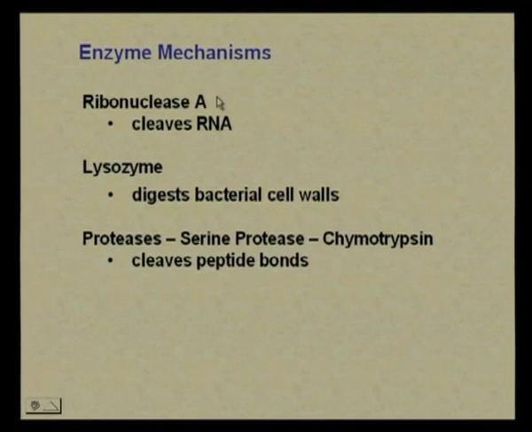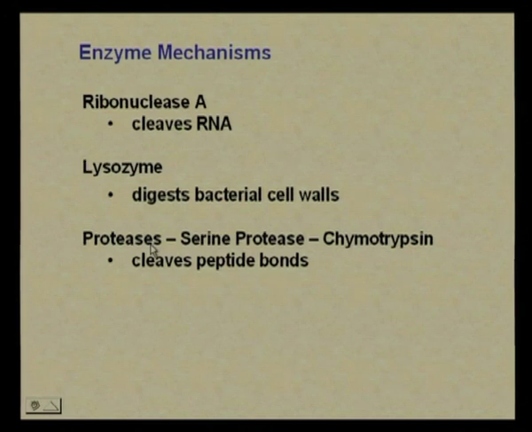Essentially, what these three different enzymes do is that ribonuclease A cleaves RNA. RNA is ribonucleic acid. When we speak about an -ase, for example, a protease would cleave a protein, or rather it cleaves a peptide bond.